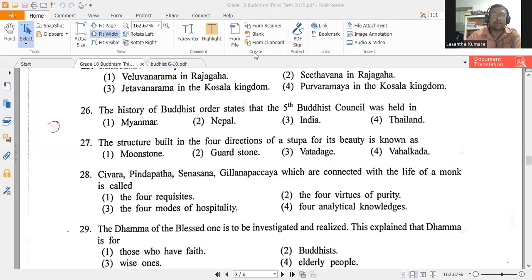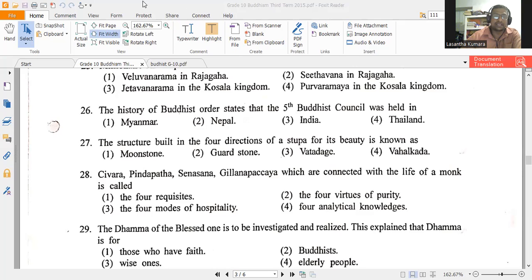If you all have any problem, children, because I am teaching everyone, I prefer if you all can talk, no problem. So there are 4 items here: Chivara, Pindapata, Senasana, Gilanapacha, which are connected with the life of a monk, called the 4 requisites.